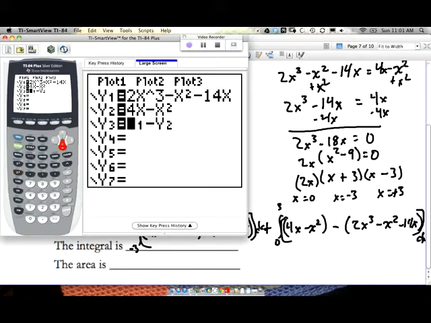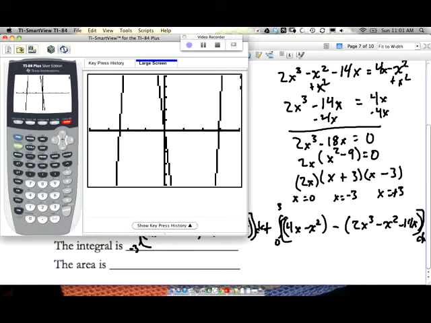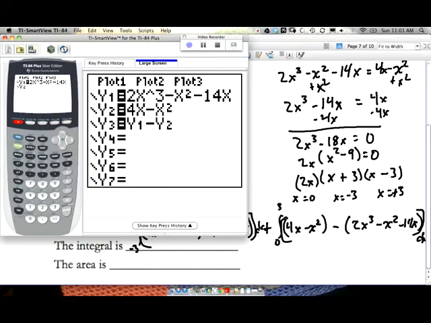Now the first one that we want to do is the cubed minus the squared, the cubic minus the quadratic function. So we're going to do y1 minus y2. Let's go ahead and graph that. We should turn off the first two so we don't get really confused here. So let's do y equals.